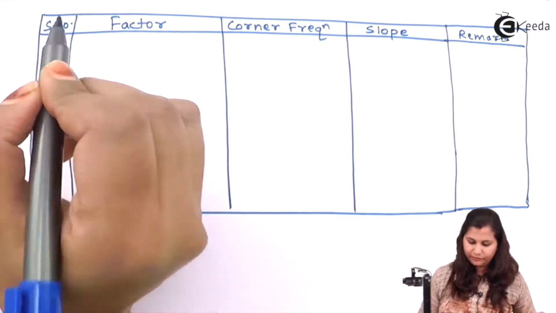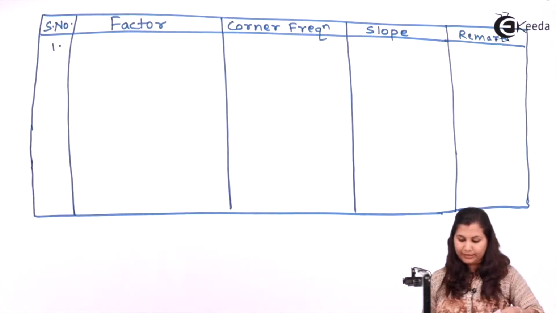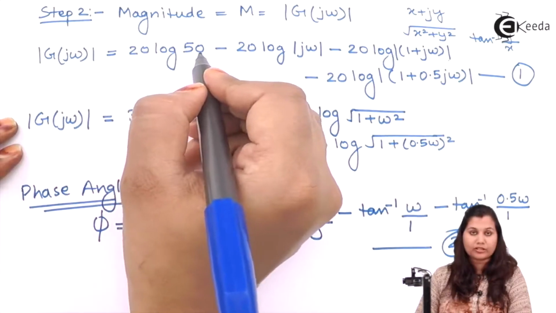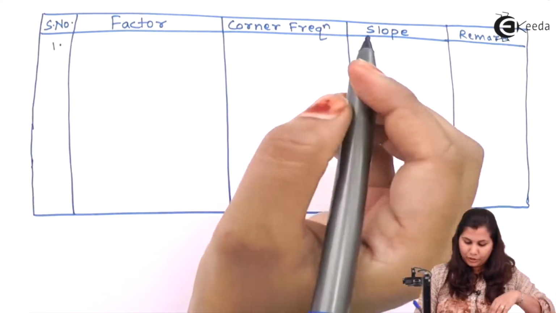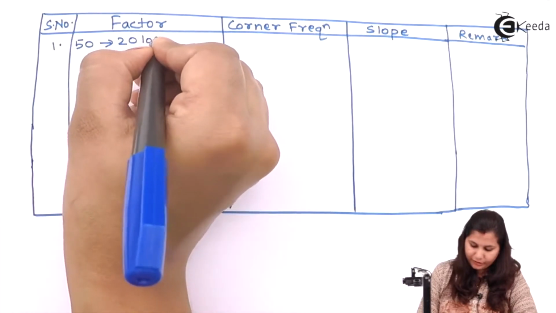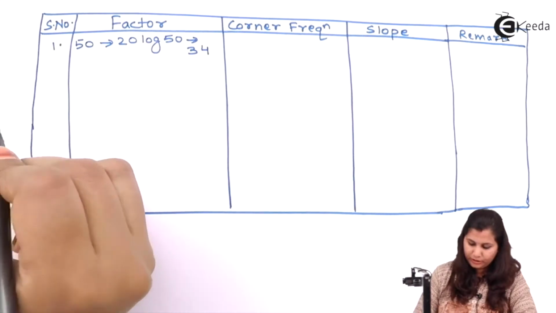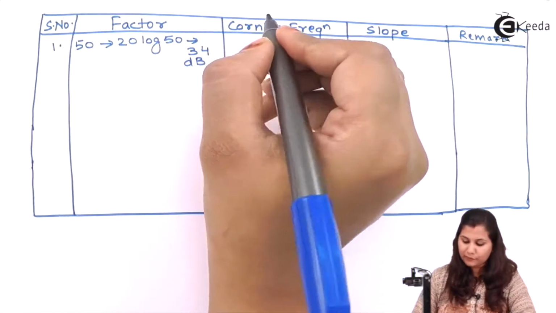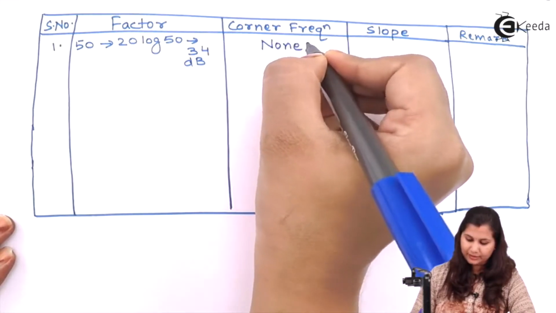So the first factor we have is the constant term, which is 50. In the magnitude equation you can see that the first term is the constant term 50 and its magnitude is 20 log 50, which comes out to be 34 dBs. Corner frequency: for a constant term we have no corner frequency, so it is none.